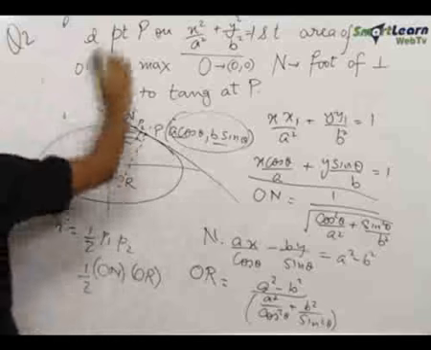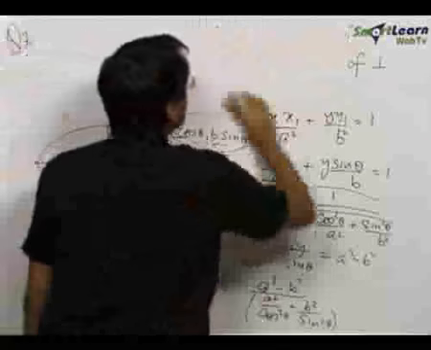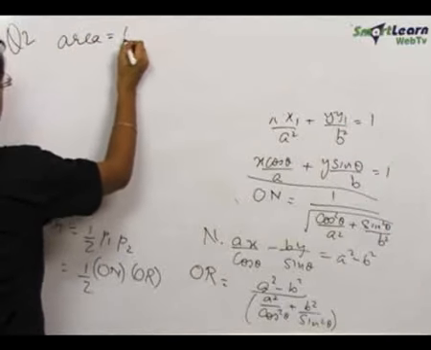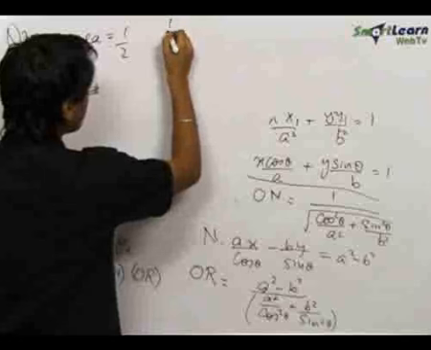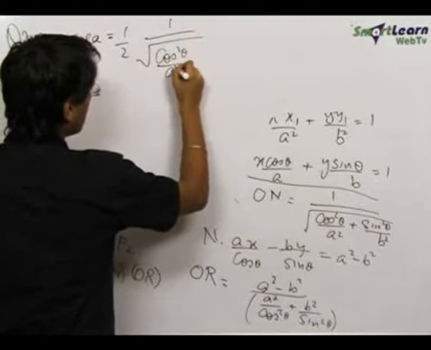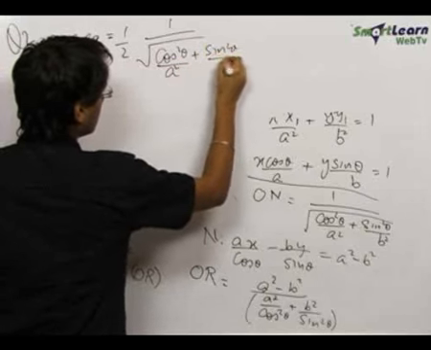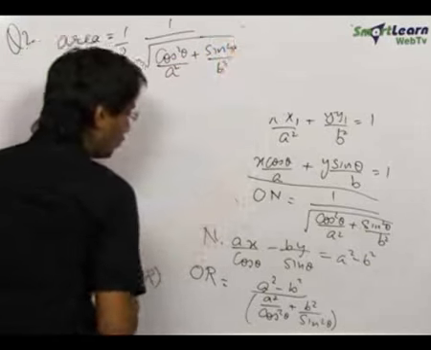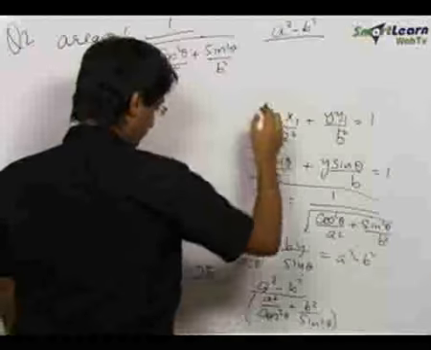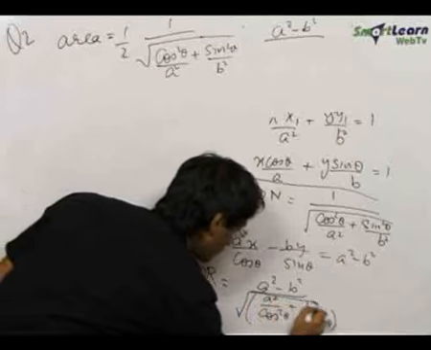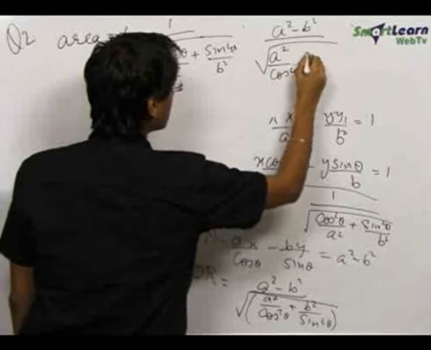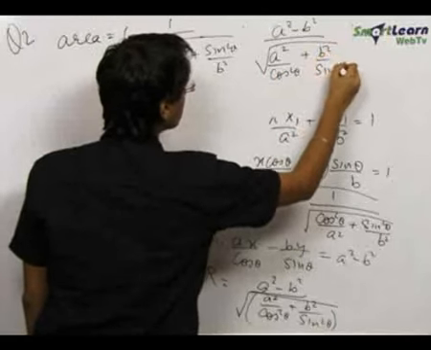Now what we need is the product of ON and OR. Area will be equal to half ON into OR, that is equal to a square minus b square upon, mind you, under root, a square by cos square theta plus b square by sin square theta.